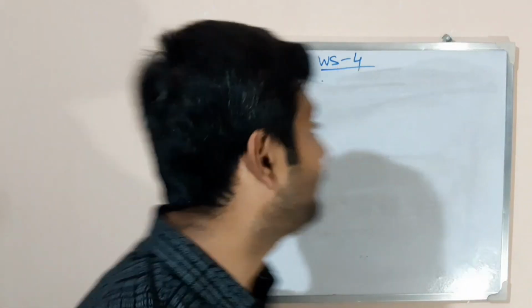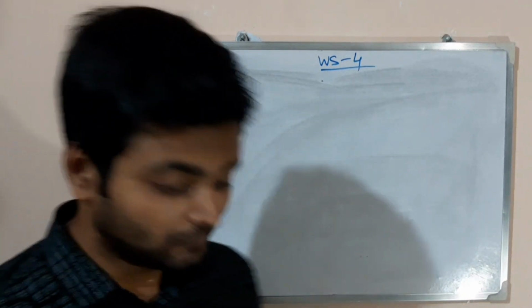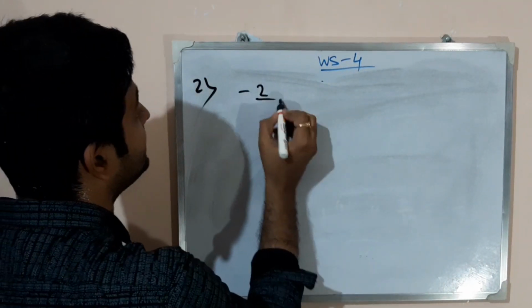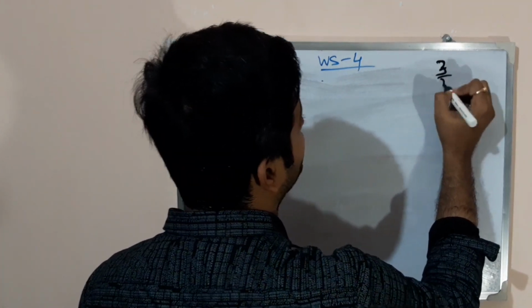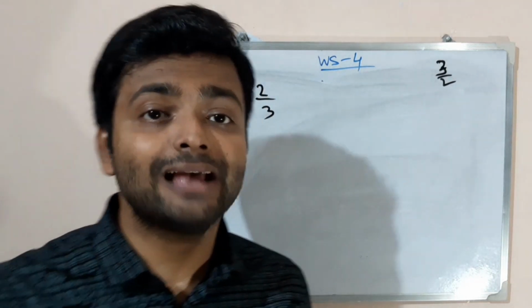Next, the question is number 2. Check if the reciprocal of minus 2 by 3 is 3 by 2. So what to do? As I have told you, if you multiply a number and its reciprocal, you will always get 1. It is not minus 1 or any other number. It is always plus 1.